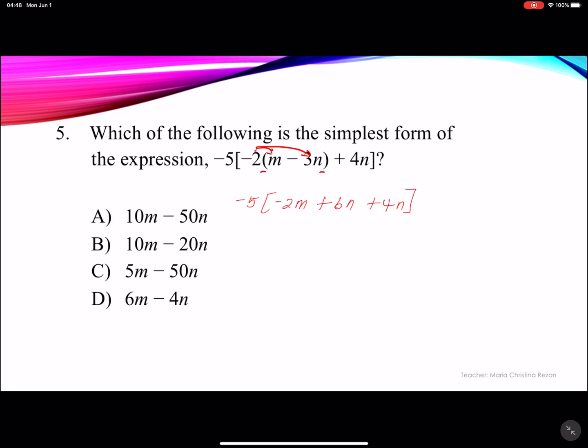You may add 6n and 4n, so you can have negative 5 times negative 2m plus 10n, okay. Then you can distribute that. You can have 10m minus 50n. And that is letter A.